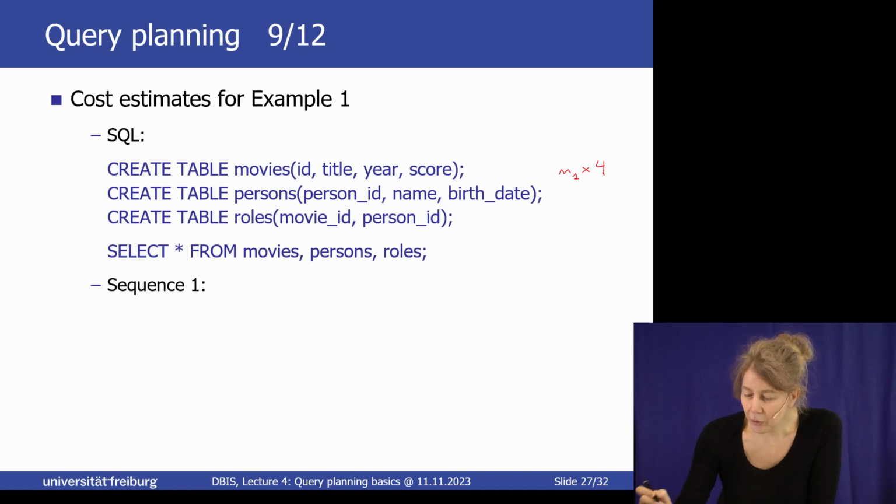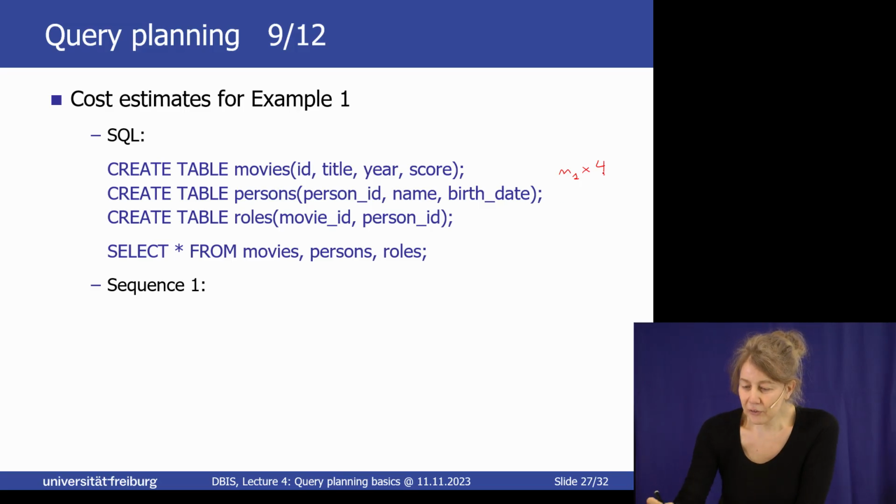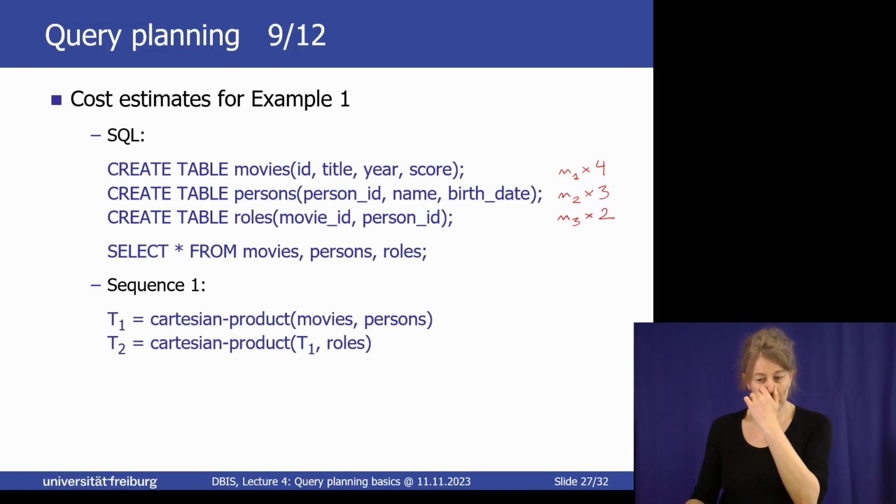Let me always write it like this: rows times columns. It's always a table, it's always 2-dimensional. This one is N2, number of rows depends on the input, times 3. It always has 3 columns. And this is N3 times 2 columns. Okay, sequence 1.